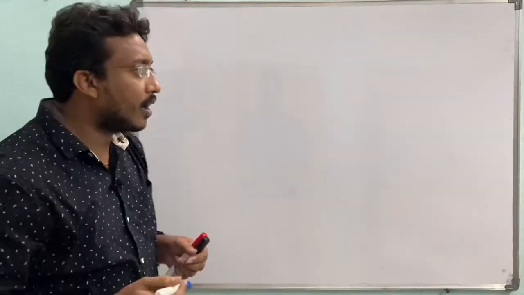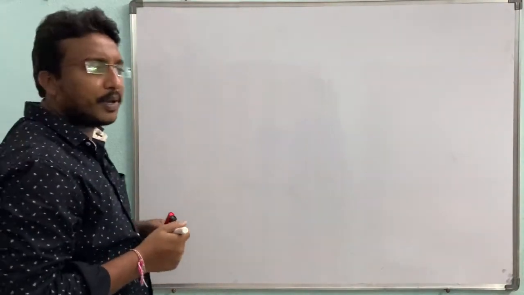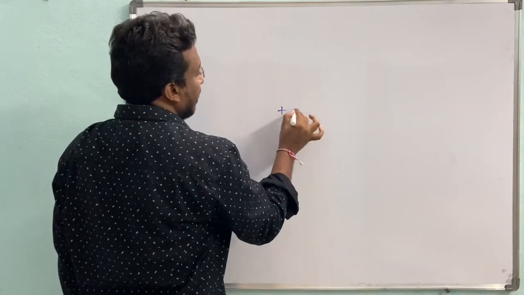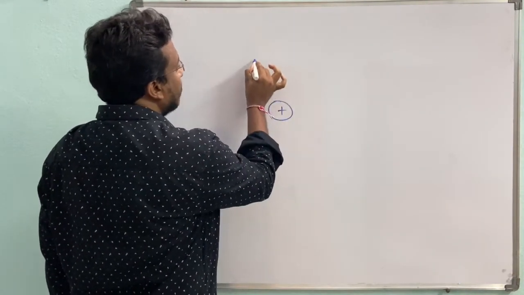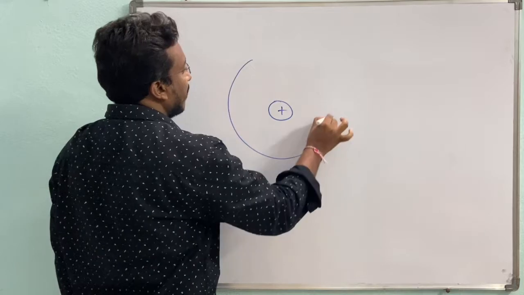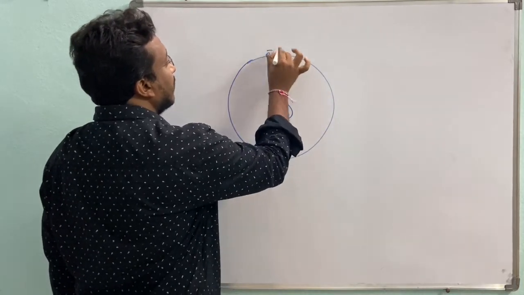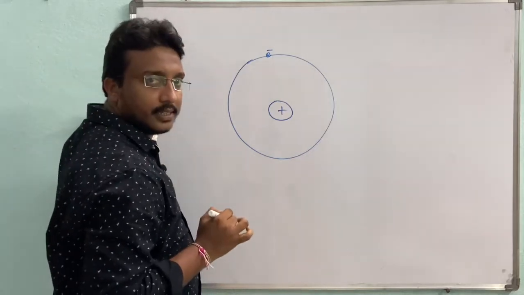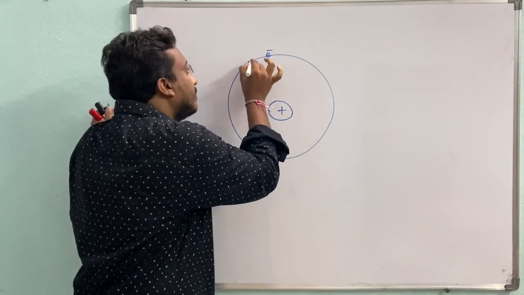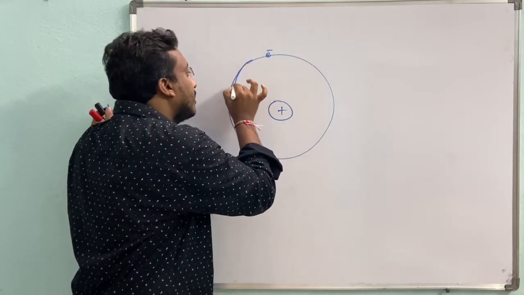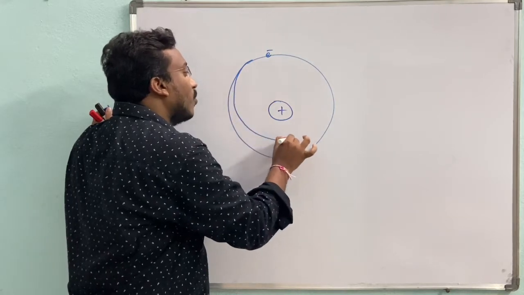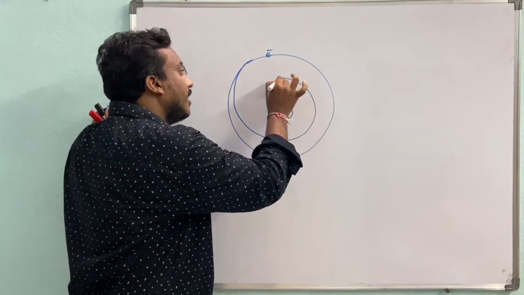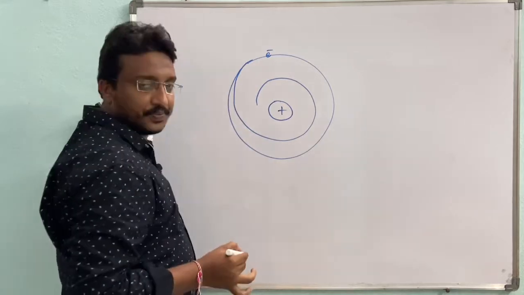From the Rutherford atomic model, electrons revolve around the nucleus continuously. But according to classical physics, if any object is continuously in motion, it loses its energy.